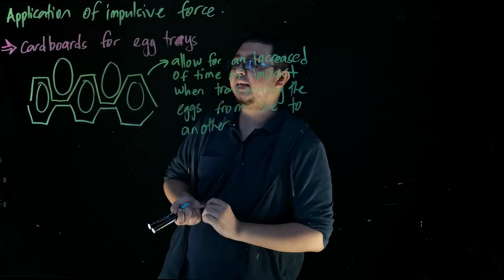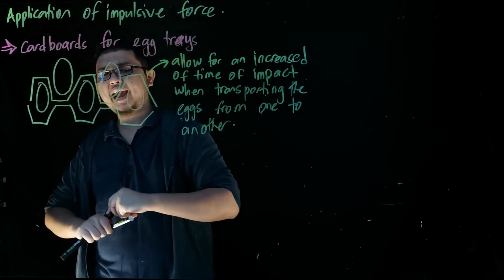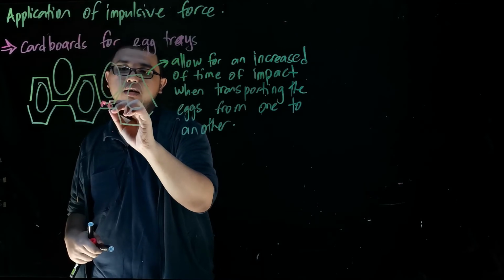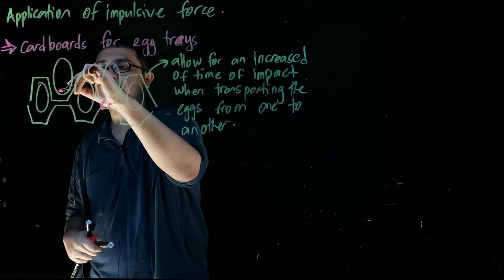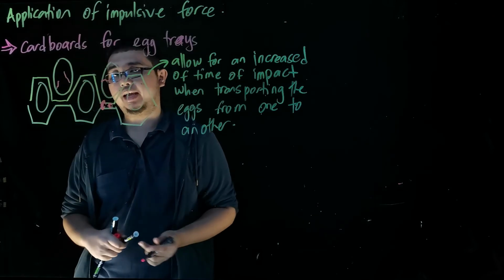This design creates an air cushion between the two cardboards, and this will prevent the egg from experiencing stress that may lead to the breaking of the egg.